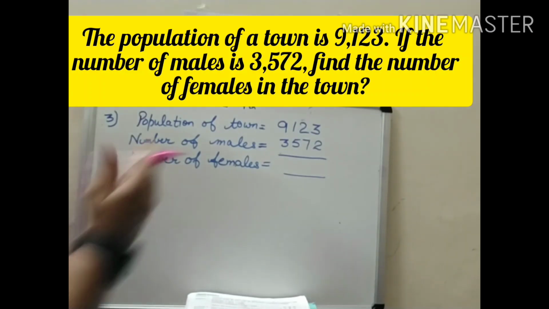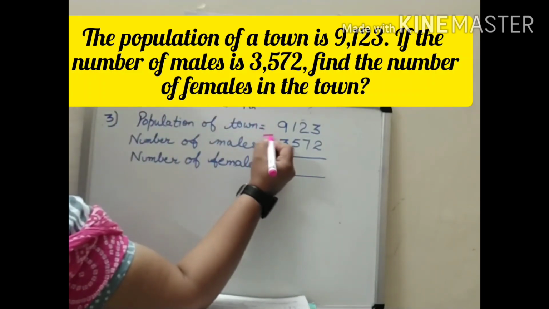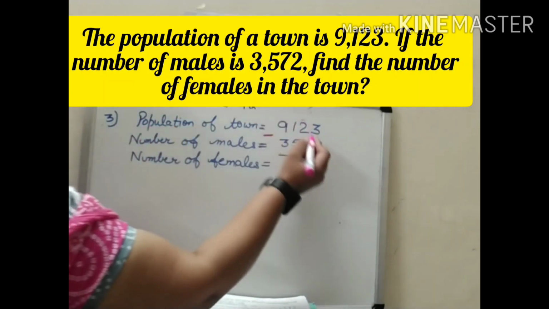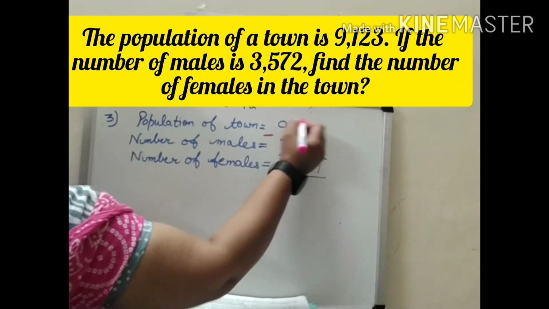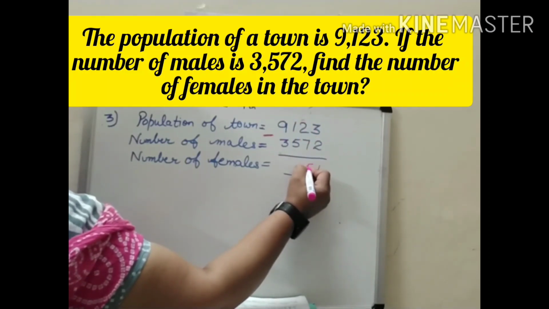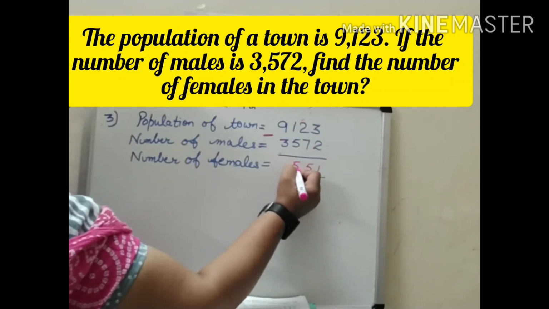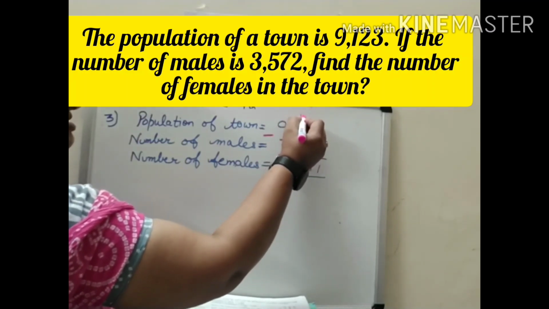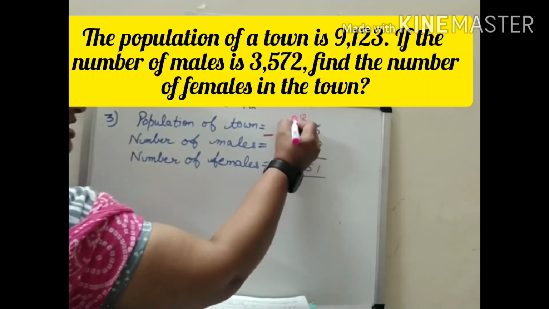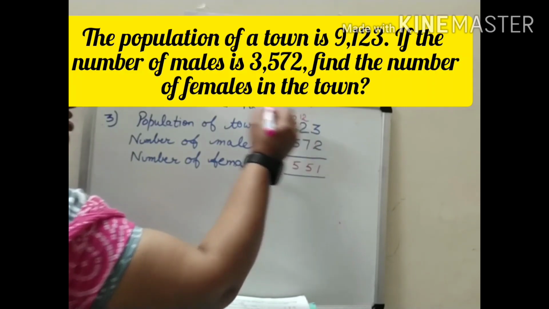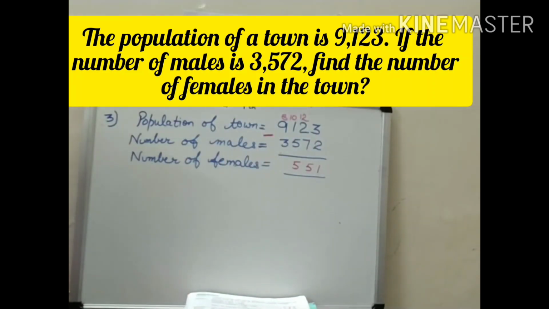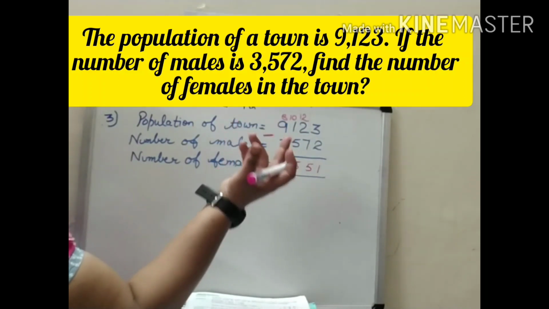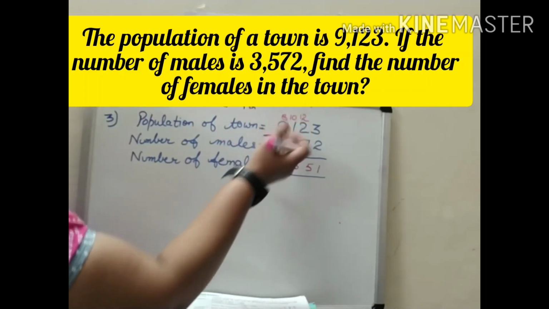And children, make sure you don't forget to put the sign, which is very important in statement sums. When you subtract 12 minus 7, 5, 10 minus 5. It's not compulsory to write the borrowing here, but for our understanding we are writing it so that there is no confusion.